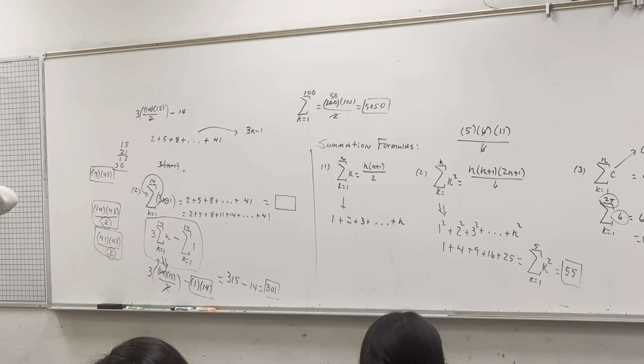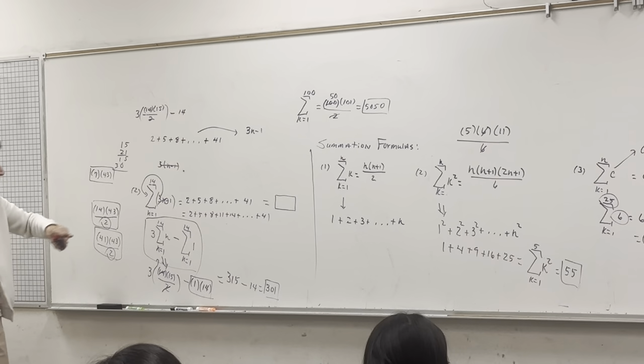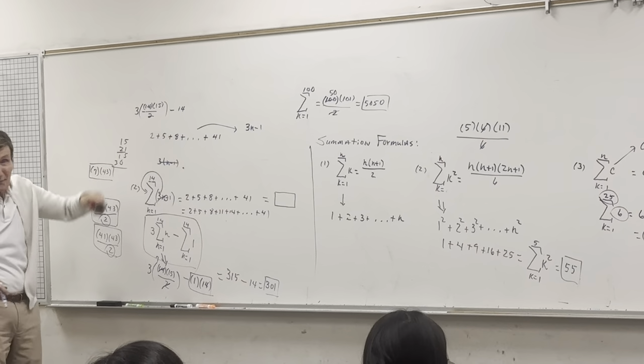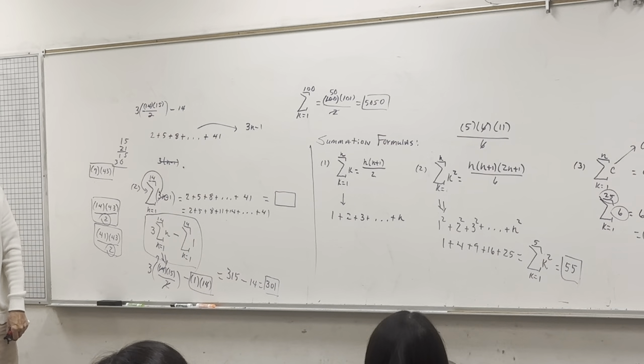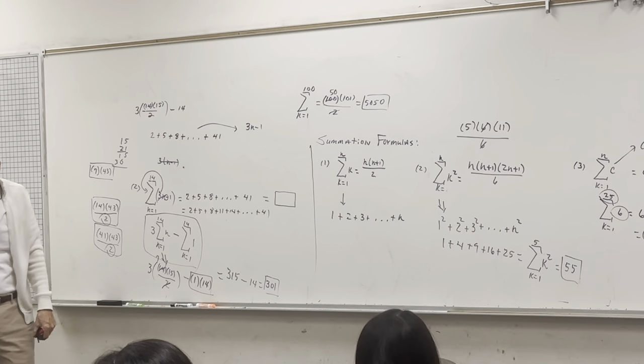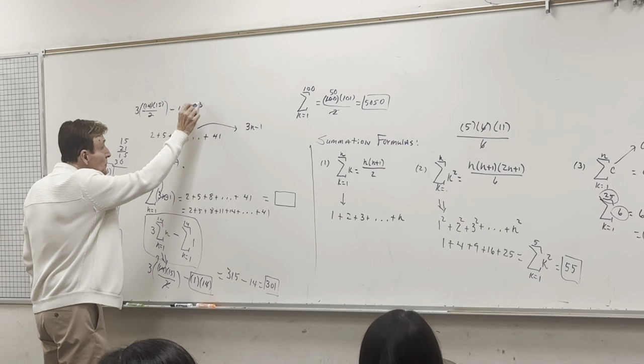Is it 210? 190 for 14 times 15. 190, okay, times 3. So 190 times 3, what was that, 570? Is it 570? Okay, 570 over 2.